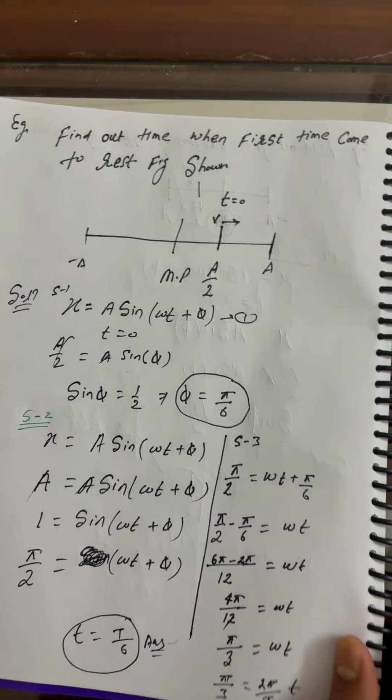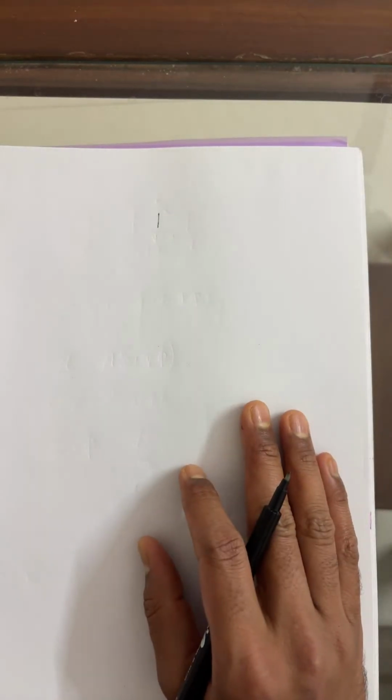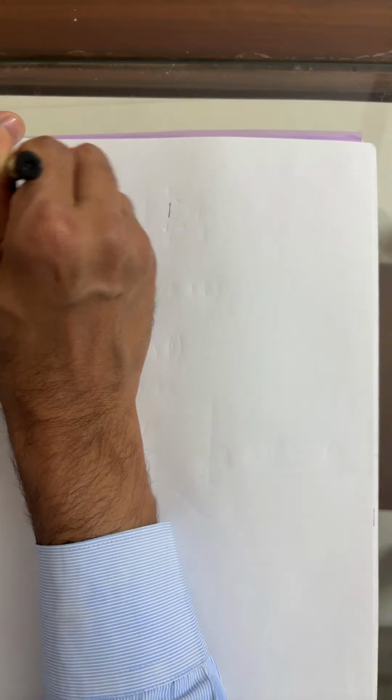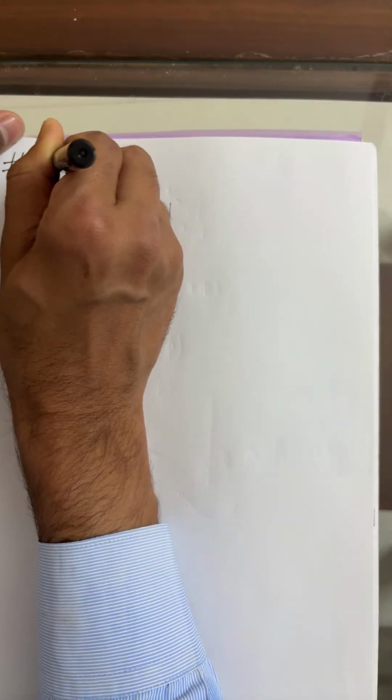Okay. Now move to the next question. I can see the next question is a concept. What is the thumbnail for today's class? That is phasor. So now, students, I'm going to start to discuss phasor.